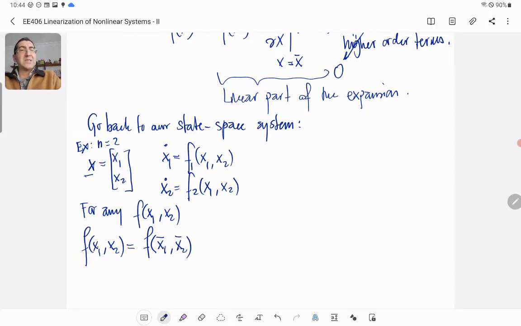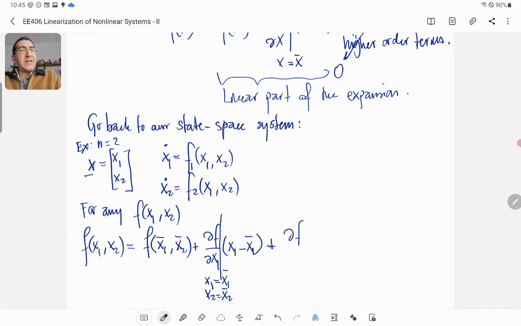Later on we will see that this is going to be our chosen point, and this is going to be an equilibrium point, plus df over dx1. Now I'm taking the derivative with respect to the first variable, and then I have x1 minus x1 bar. Now this derivative needs to be evaluated at both x1 equals x1 bar and x2 equals x2 bar, which is the chosen point.